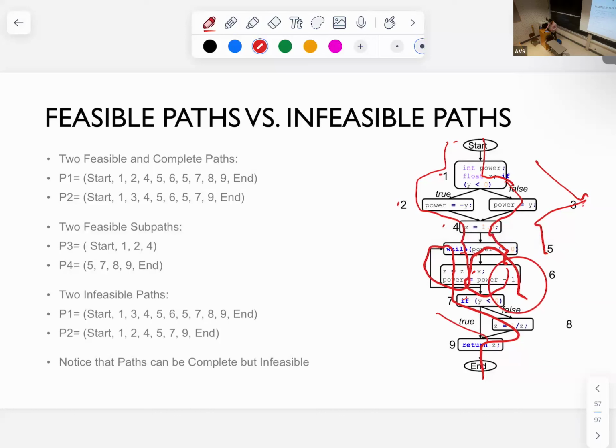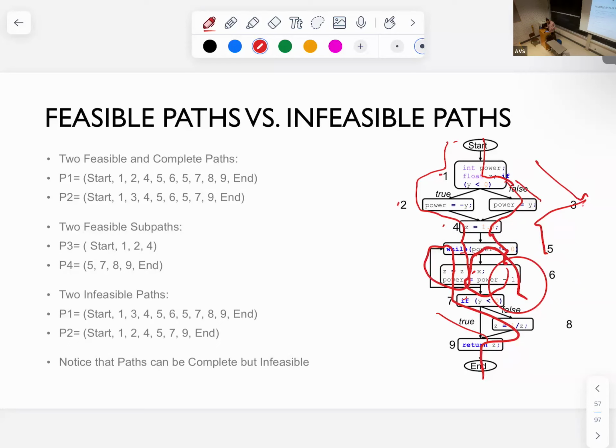That would be an impossible path to go, because you cannot find an input that satisfies both this part, where y, for example, is less than or equal to 0, and power is negative. It's not possible that any particular input satisfies both of them.